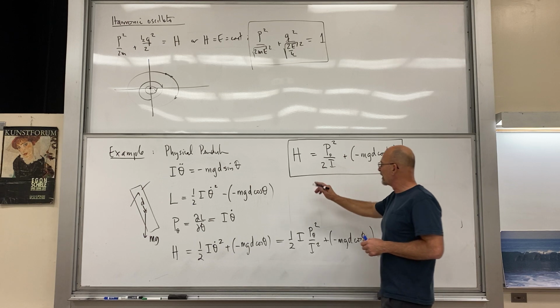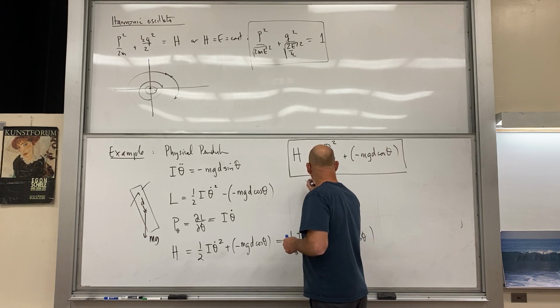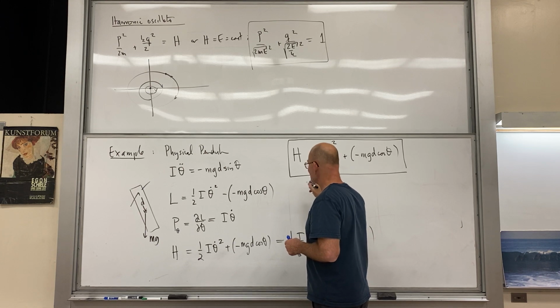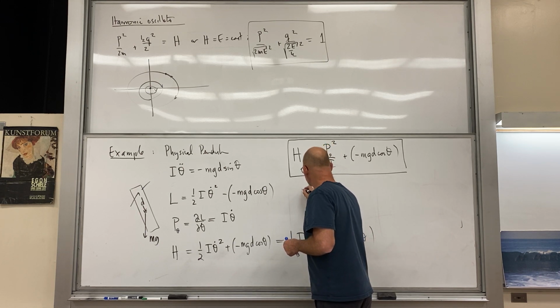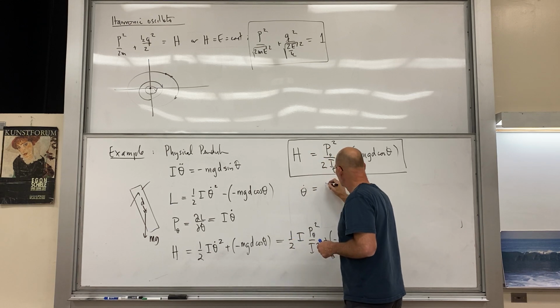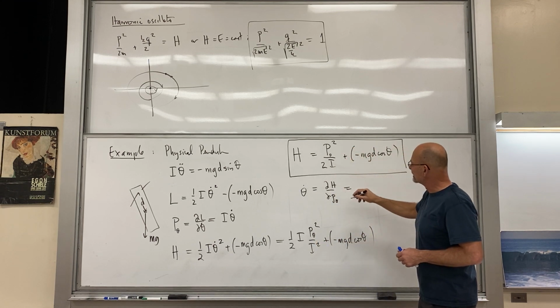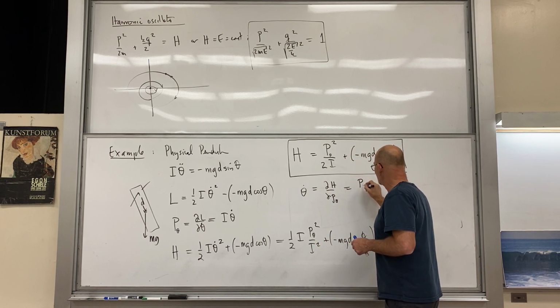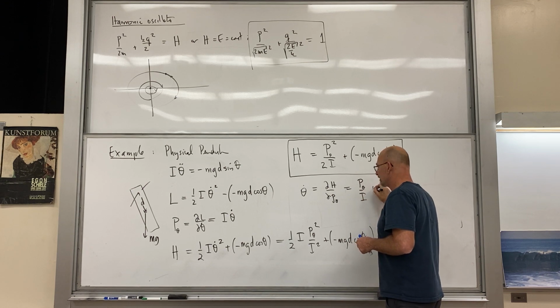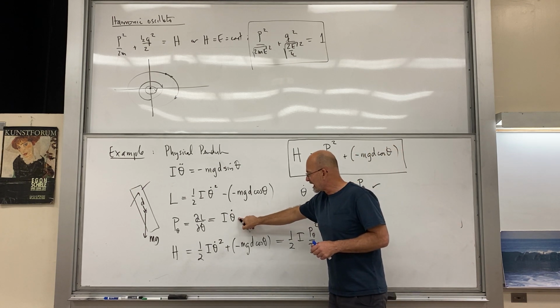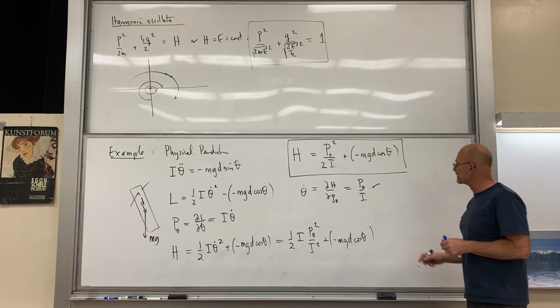Yeah, so let's go ahead and we have theta dot is equal to dH d P sub theta, only right there, so it's P sub theta over I. Of course, that's what we had in the first place, but just to write it out.